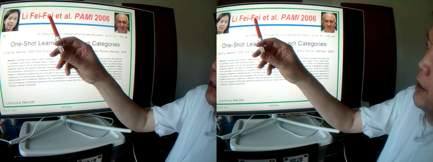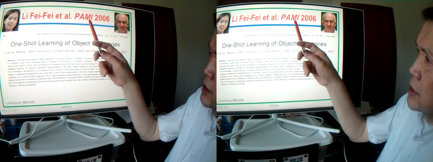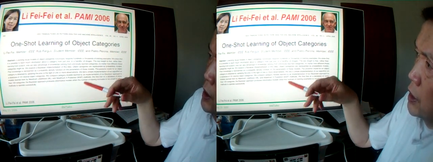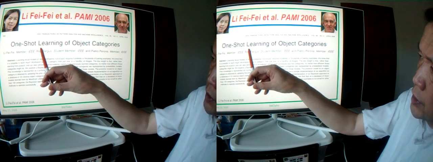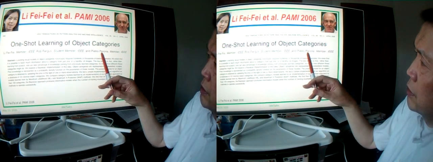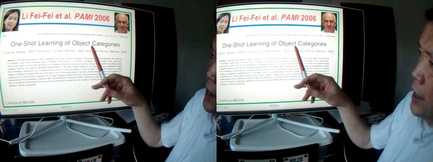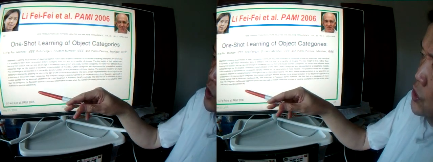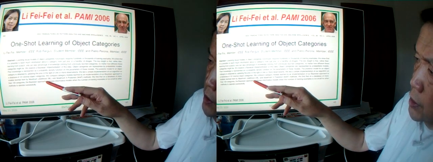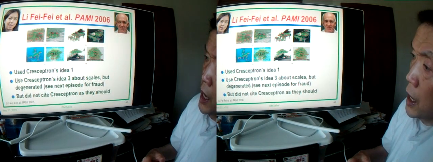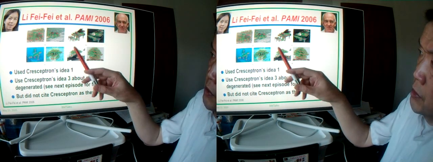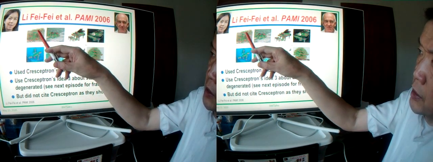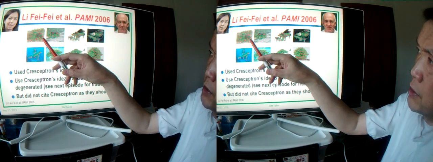Then Fei Li, in 2006, published work with another student and Pietro Perona at Caltech, and they called it one-shot learning. They used something called maximum likelihood. They used the idea of recognizing 3D objects based on 2D patterns. That's what we're using.